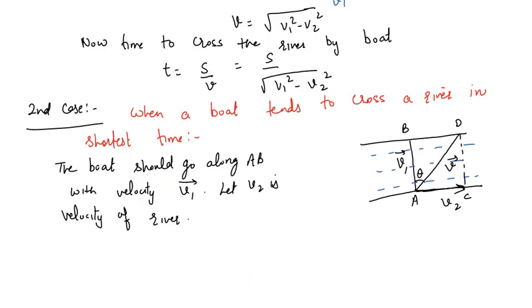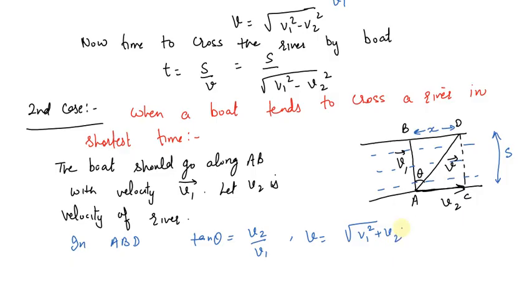Now let this distance is x. And S is the width of the river. Now in triangle ABD, tan theta is V2 by V1 and V is root of V1 square plus V2 square.